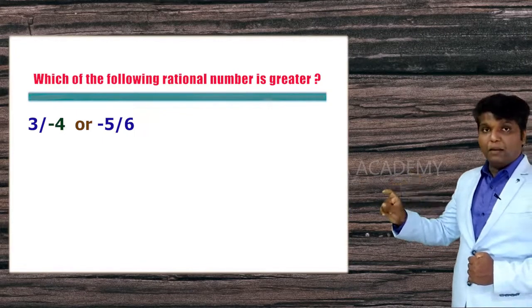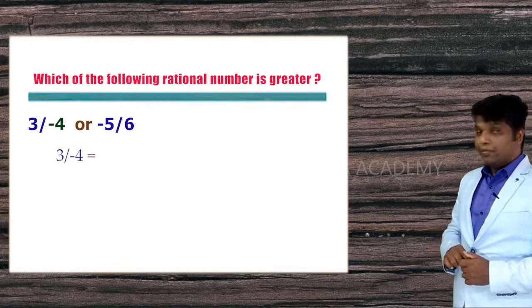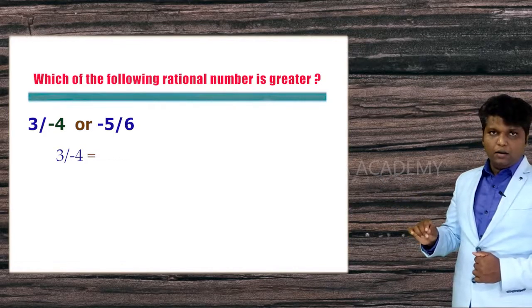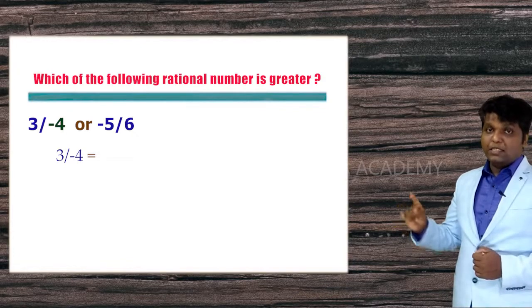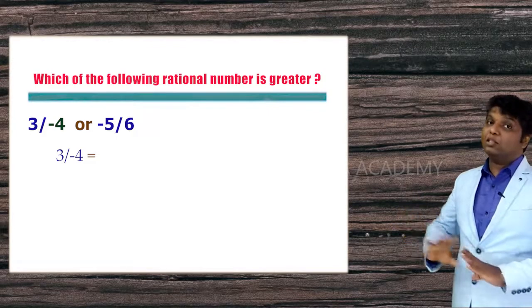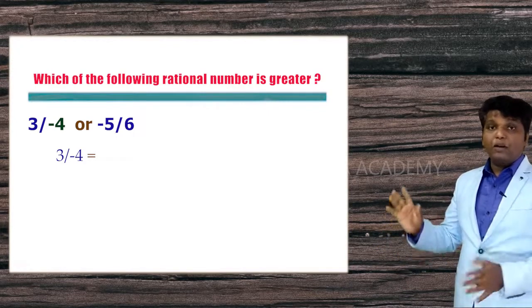So what you have to do here, first of all, let us pick that one. First number is equal to 3 by minus 4, equal to, multiply the numerator and denominator by minus 1. I told you earlier when we were discussing the properties, you can multiply the numerator and denominator by the same number so that there will be no difference, so the value of the fraction will never change.